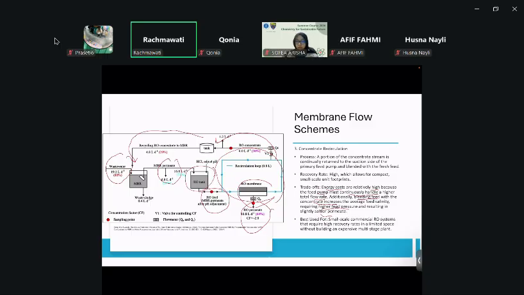So it is best used for small-scale commercial RO systems that require high recovery rates in a limited space without building an expensive multi-stage plant. There is also a consideration. If you are thinking about providing a good water facility for a city, for example, you are talking about thousands or maybe hundreds of thousands of people.